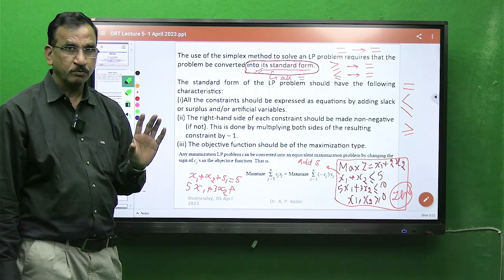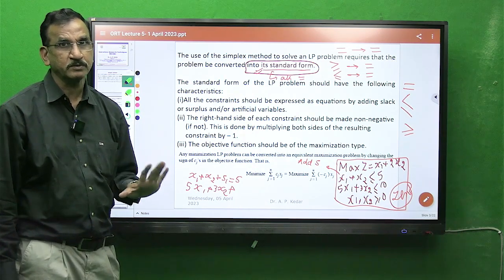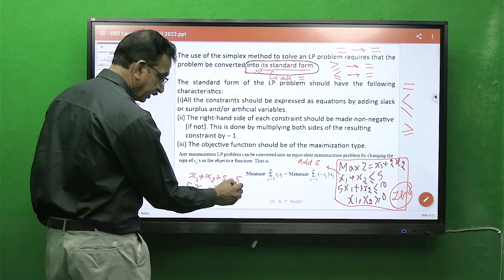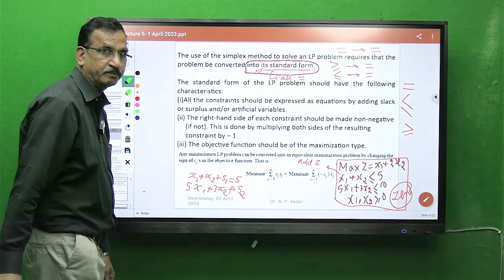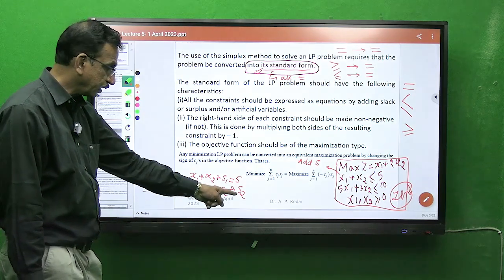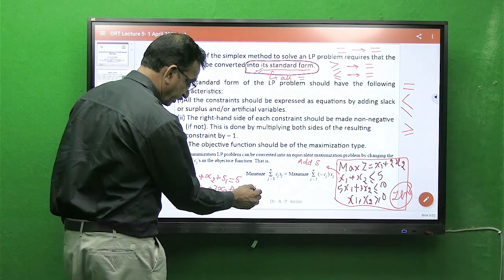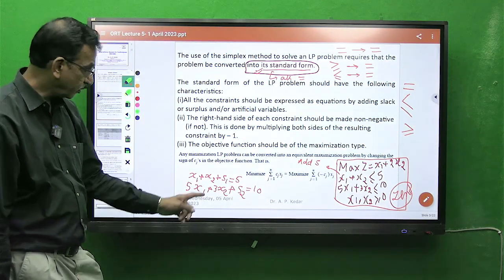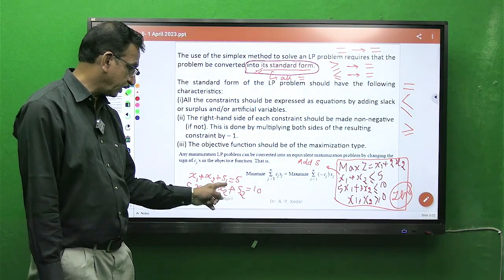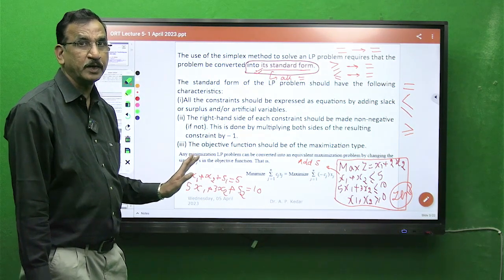And what do we have to add? Add amount equal to deficit, and deficit is called slack. So we will be adding again slack s. I am using this the second time, so I have taken suffix as 2, and here it will be 10. Mind well, I am not interested in values of this s1 and s2. I am only interested in values of x1 and x2.